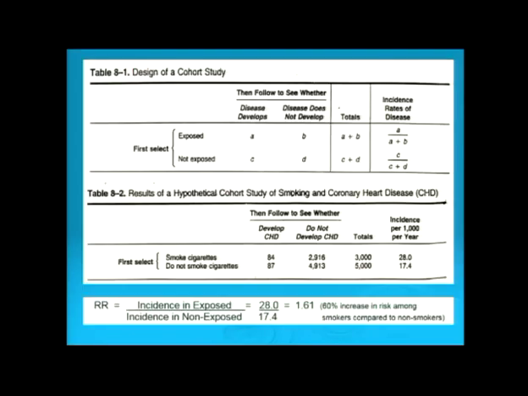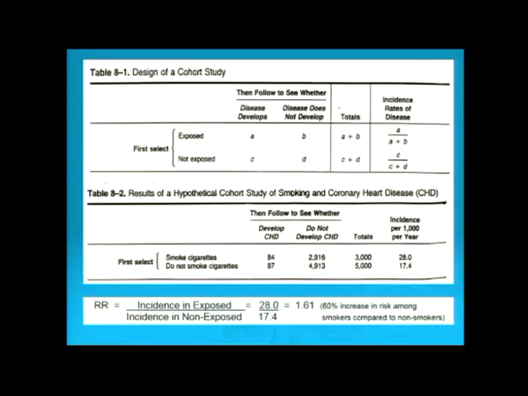Okay, so this again is the table. Here's a little example. So if we were looking in a hypothetical cohort to examine the relationship of smoking and coronary heart disease, we have smokers and non-smokers. Here we enrolled a group of people and then interviewed them and found out that 3,000 of them smoked and 5,000 didn't smoke. And over the course of follow-up, we had 84 events among the smokers and 87 in the non-smokers.